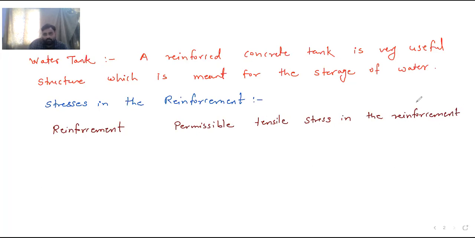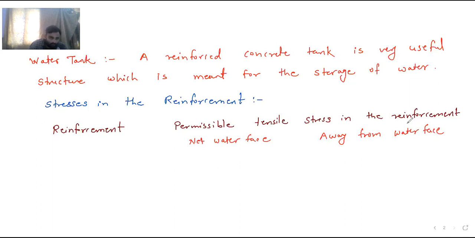The second column is divided into two categories. First is the near water face, and second is away from the water face.